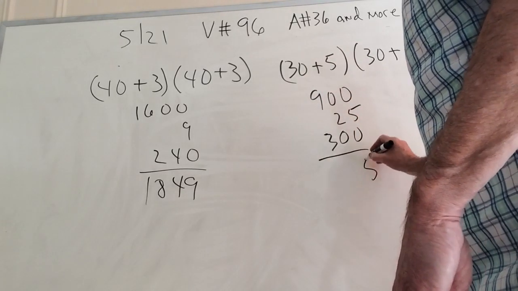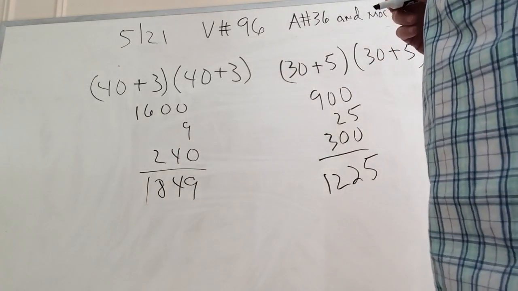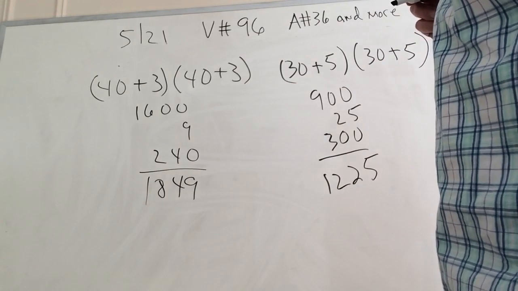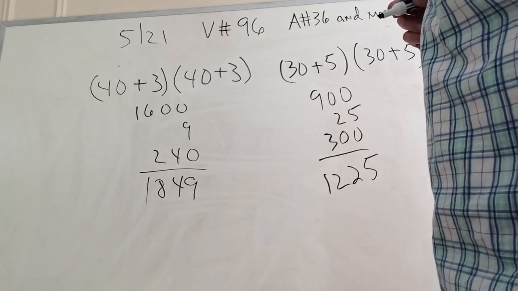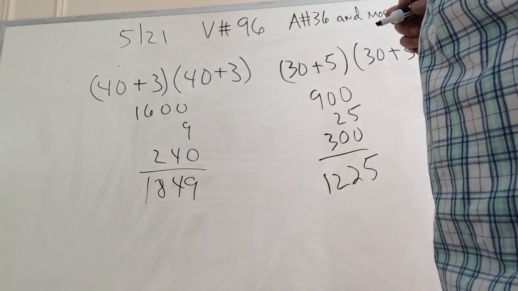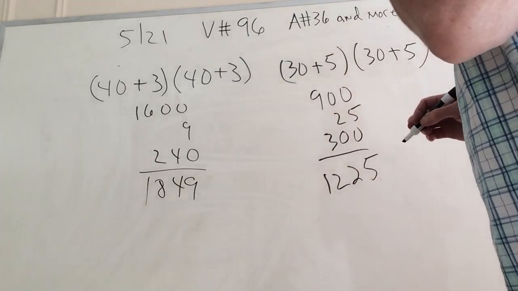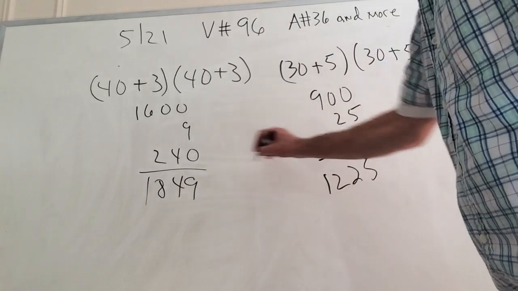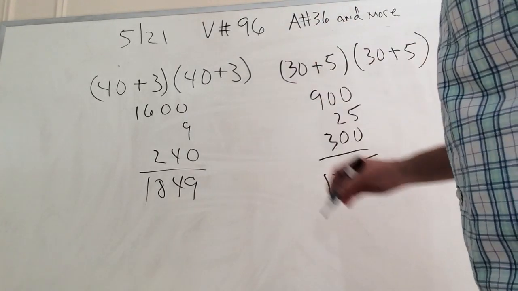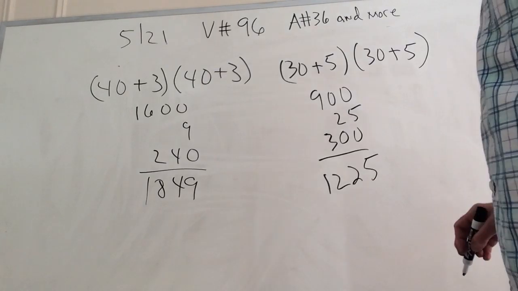And so there's 5, 2, and 12. 1225 is a perfect square. Interesting to think about that. So anyway, I want to check these. I just put the hat over them, and out pops the number that I desired. And so there we are.